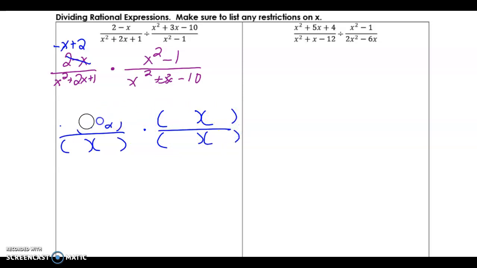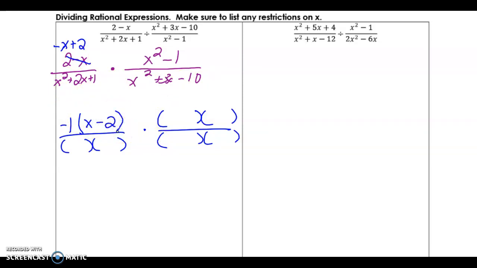So again, that numerator, since we rewrote it, it's a little bit easier to factor. And again, you're not going to have any other factors with the negative x. So you always want to take out that negative if you have a negative leading coefficient.